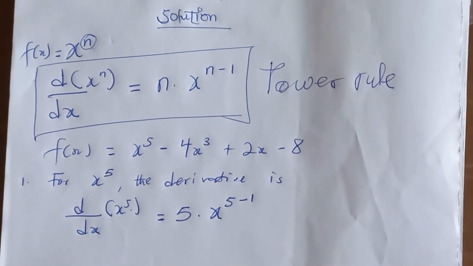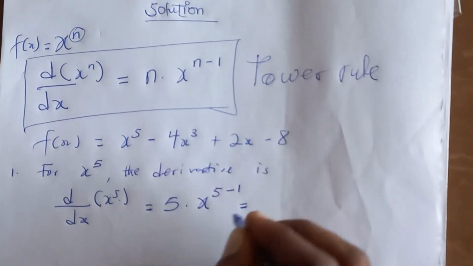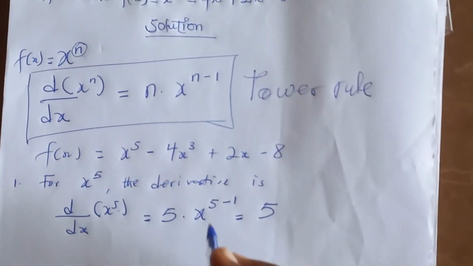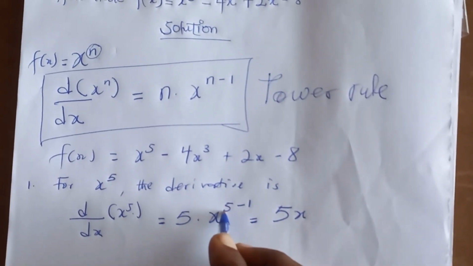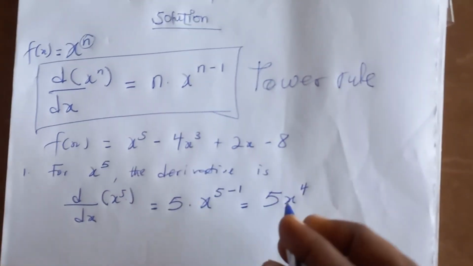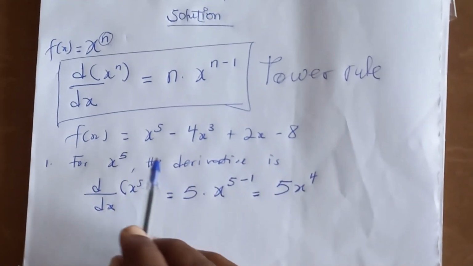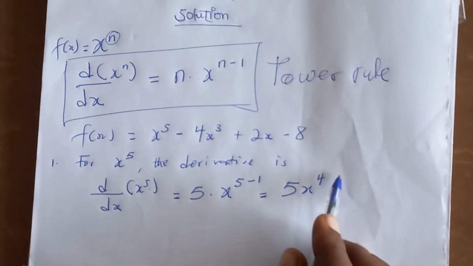Let's simplify this first. 5 minus 1 is what? 4. So we are going to get 5x power 4. So when you differentiate x power 5, you get 5x power 4.